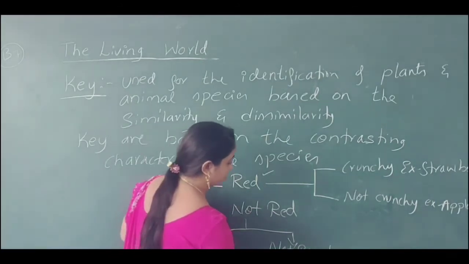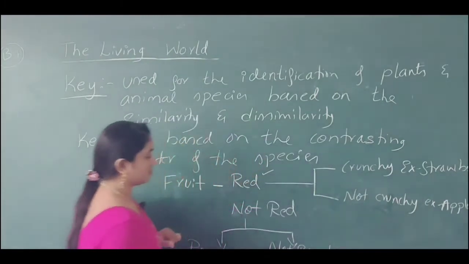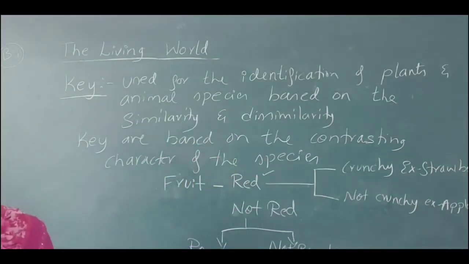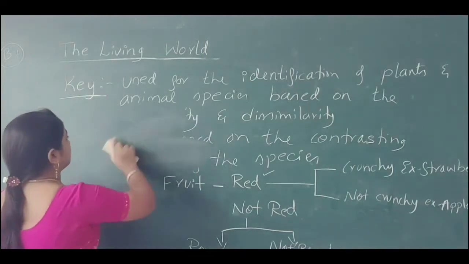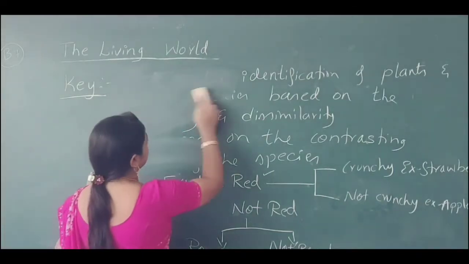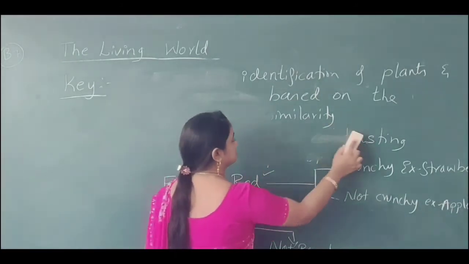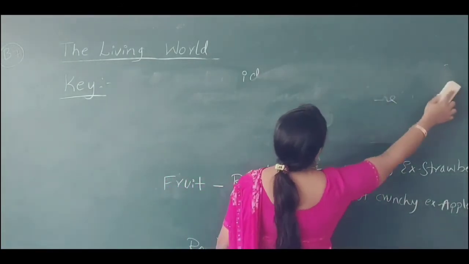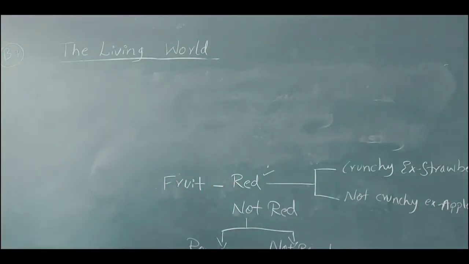If it is not round, maybe it is a banana. So like that you have to follow this taxonomical aid, that is key. The next taxonomical aid is flora.